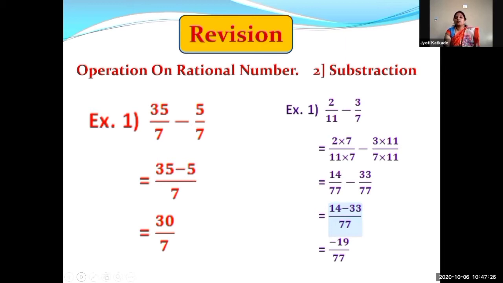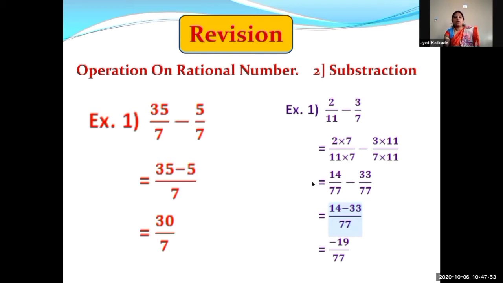Now 2 into 7, we get 14 divided by 77 minus 11 3s are 33 divided by 77. Now the denominator is the same, that is 77.